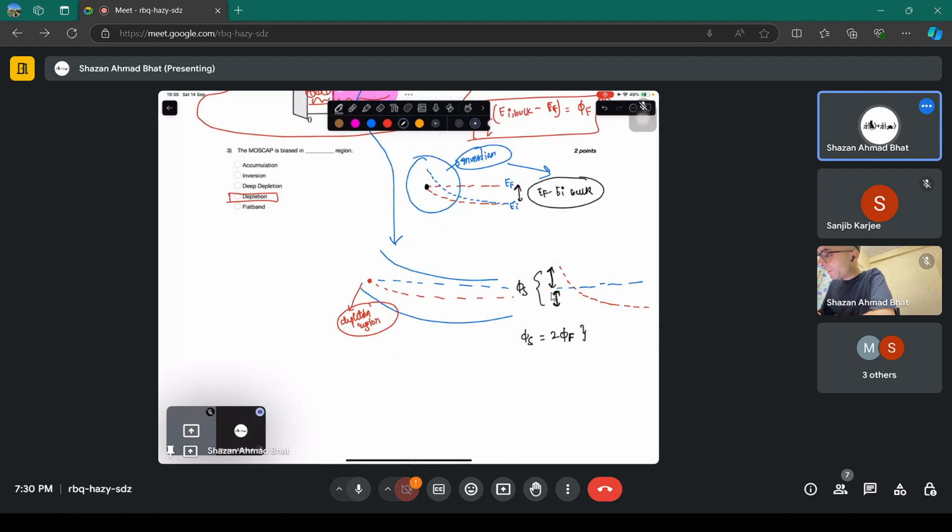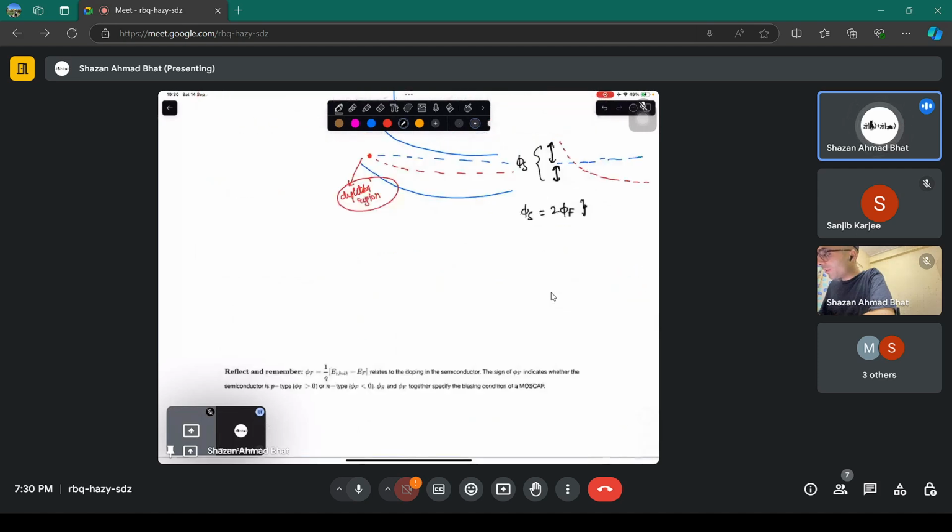When this becomes two times that of the Fermi potential, this is the inversion region.